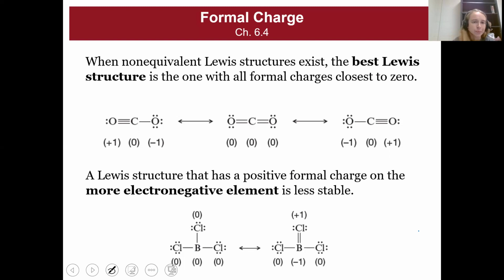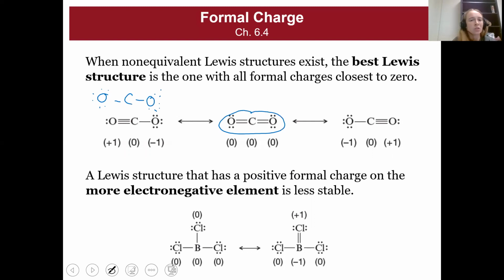So our skeletal structure that we started with was, and then with our lone pairs on terminal atoms, we had 3 lone pairs on each oxygen, and carbon only had 2 bonds. So I took a lone pair from both oxygens to make double bonds.